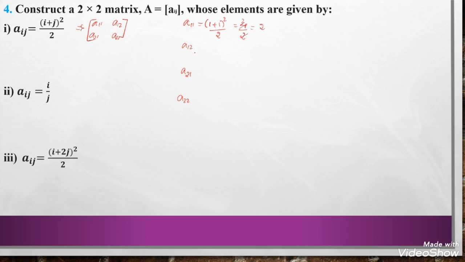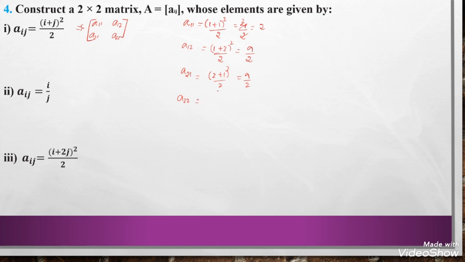Next, for the second element, in place of ij, take 1, 2. 1 plus 2 whole square divided by 2. 1 plus 2 is 3, 3 square is 9, 9 divided by 2. For the second row, first column, that is 2 plus 1 whole square divided by 2. 2 plus 1 is 3, 3 square is 9 by 2.